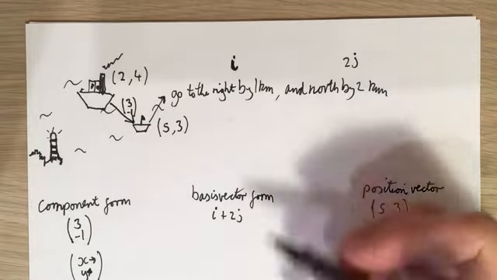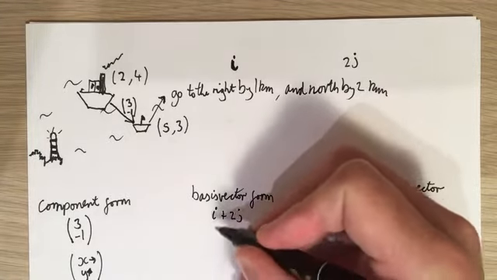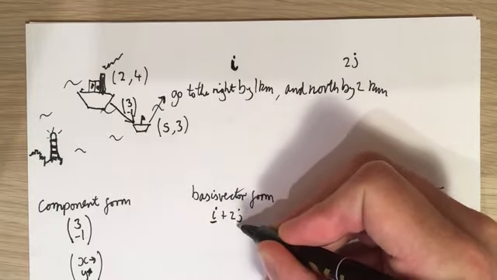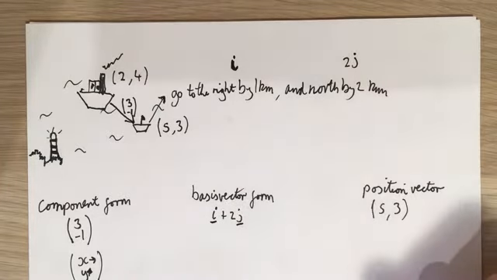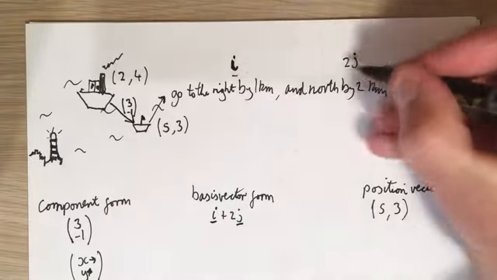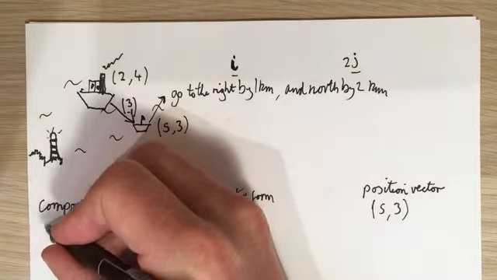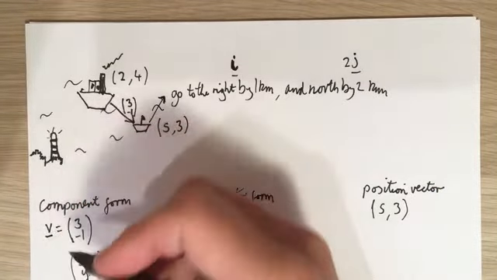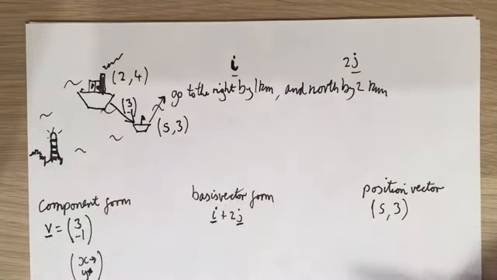Okay? So what we often do is underline the vectors. So i and j, we're going to underline them as vectors. So let's call this vector v. You know it's a vector because I've underlined it, because they're really cool.